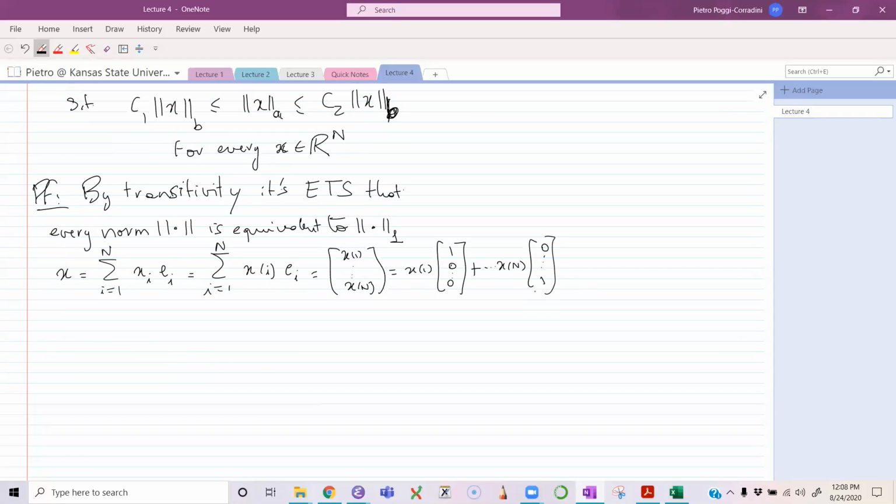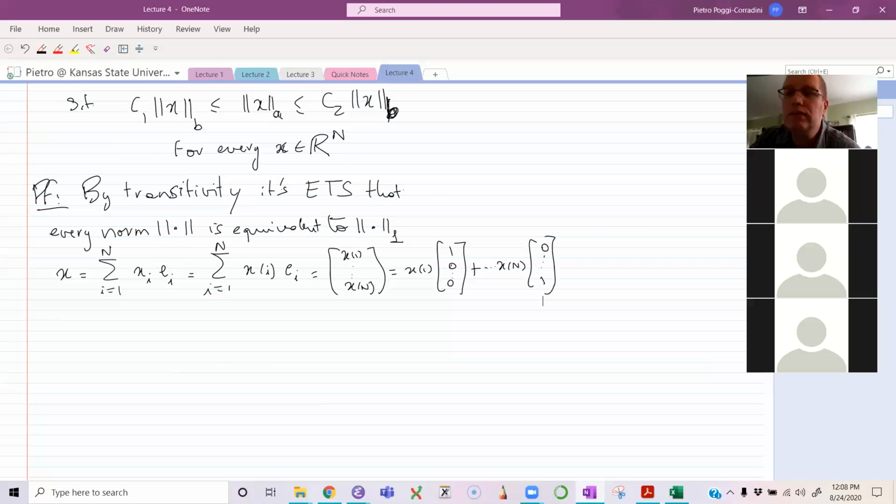But now, what do we know about this norm here? What properties can we assume about this norm?